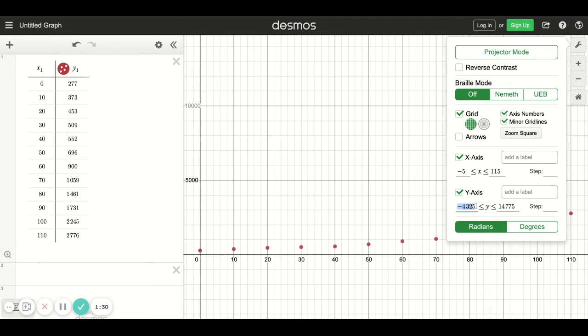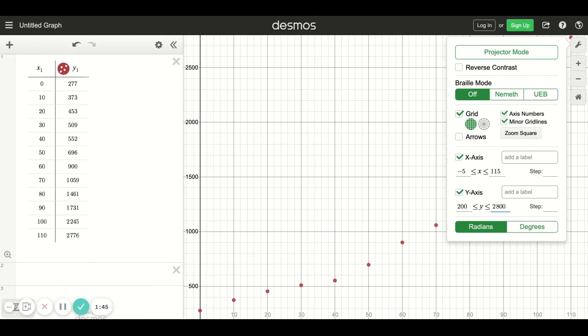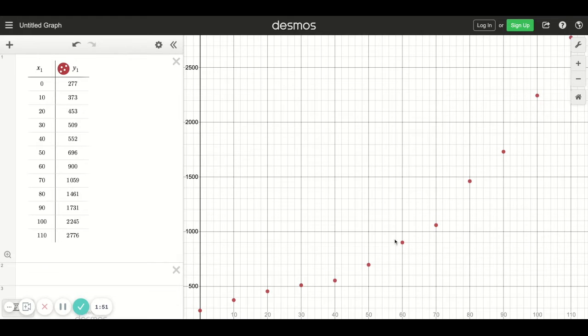Then I'm going to go over here to my y-axis, and I notice that the smallest one is 277, so I'm going to go 200, and the highest is going to be 2,776, so I'll go 2,800, and there's a better window for what I want to see. And you can see that Desmos.com is making this a little different, but it's allowing us to see all the information, okay?